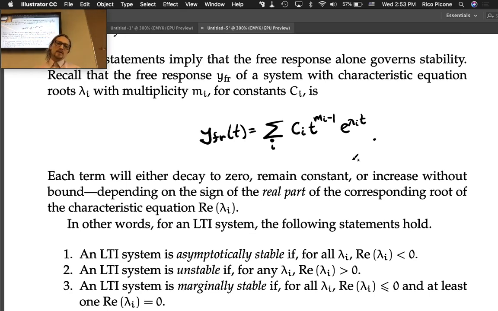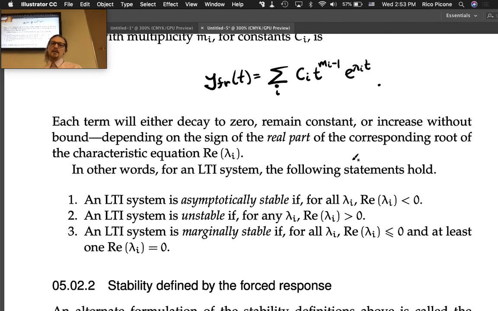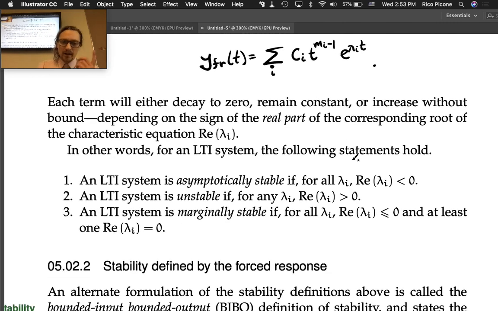Unless you have the marginally stable case, that's where it gets a little bit tricky. In other words, for an LTI system, the following statements hold. 1, an LTI system is asymptotically stable if for all lambda, so all of the roots of the characteristic equation, the real parts are less than 0. 2, an LTI system is unstable if for any lambda, the real part's greater than 0.